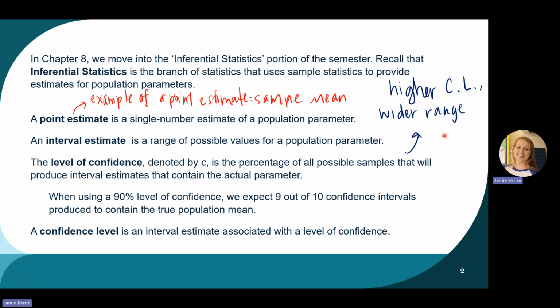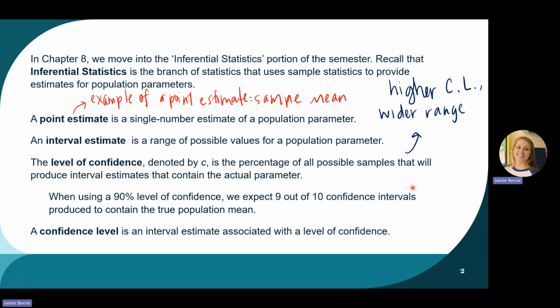So instead of being, say, 70 degrees to 100 degrees for our estimate of the temperature in Brunswick, it might go up to 50 degrees to 110 degrees. So that interval estimate is going to get wider and wider as you increase the confidence level.